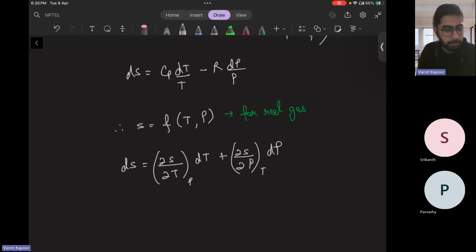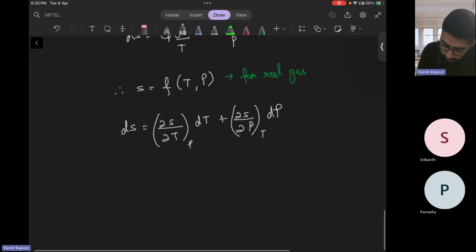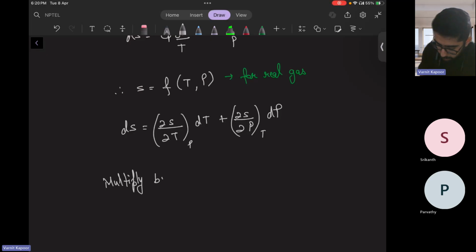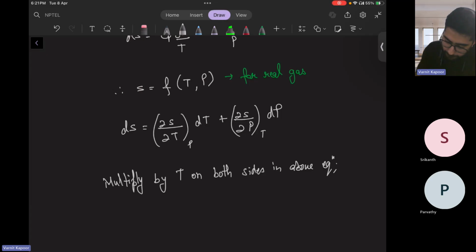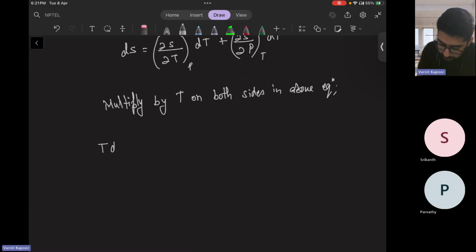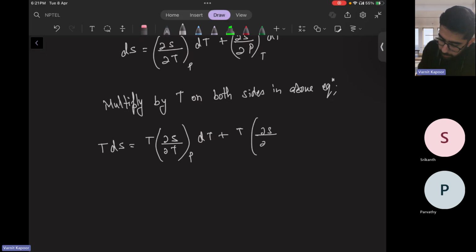Now again, you will multiply with T on both sides in the above equation. So it will be TdS equals T dou S by dou T at constant pressure dT plus T dou S by dou P at constant temperature dP.